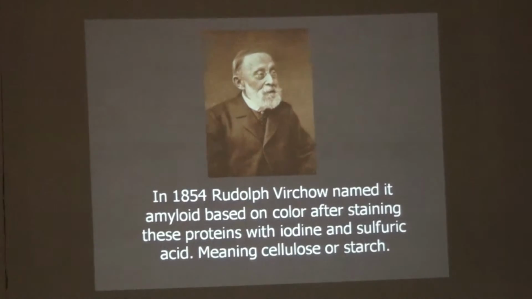Rudolf Virchow is the pathologist who coined the name amyloid, because on light microscopy, when you see the tissue, it looks like cellulose or starch.